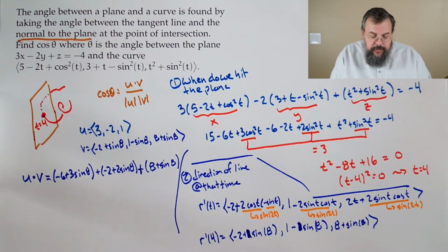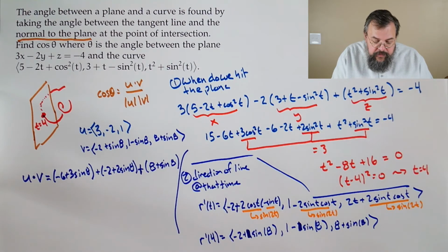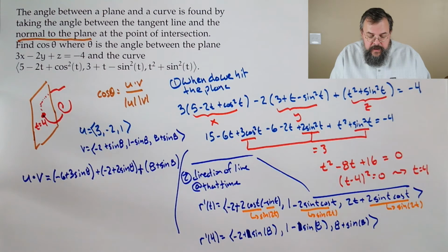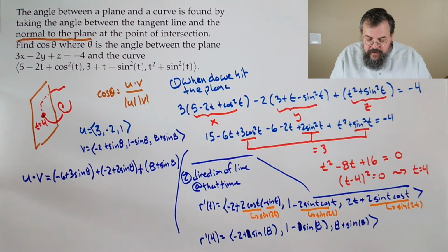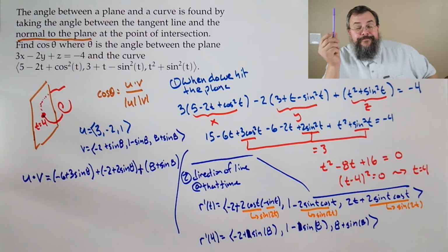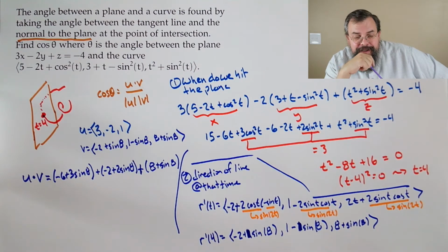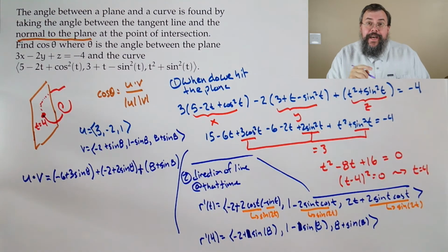Now, if we clean this up, what do we see? Well, we see the following. All right. Oh, whoops. I see another error I made. It's good we're catching them.